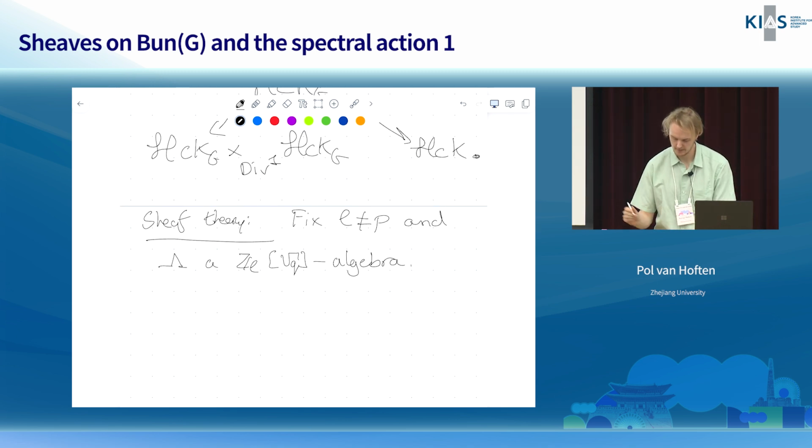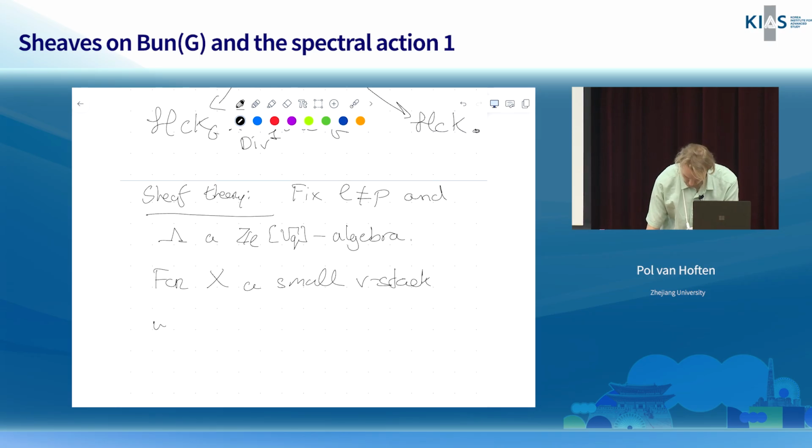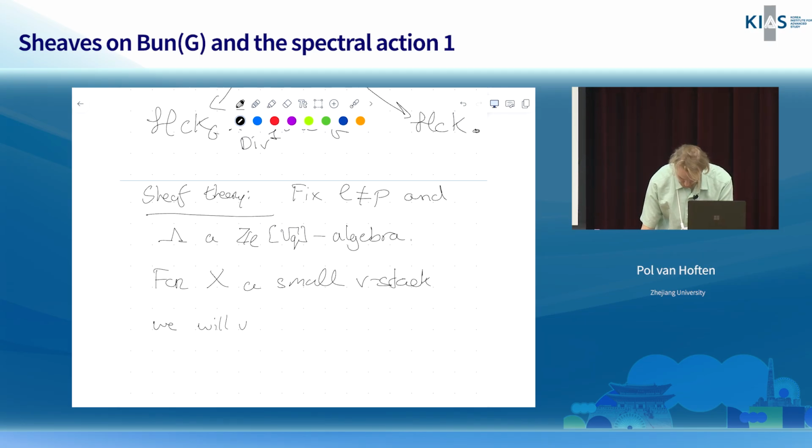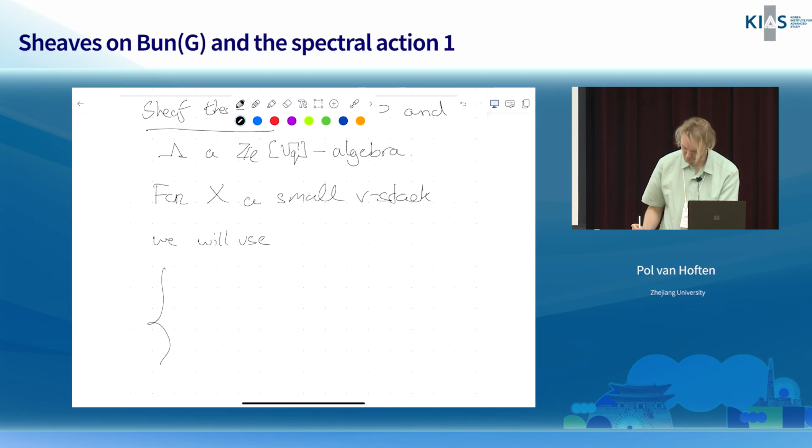So for X a small v-stack, there are two sheaf theories I will use.